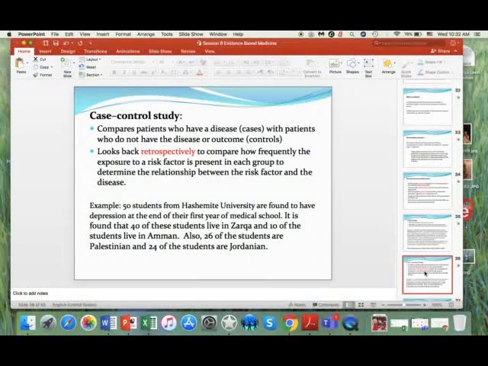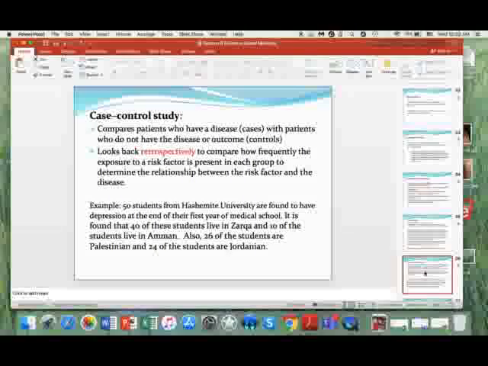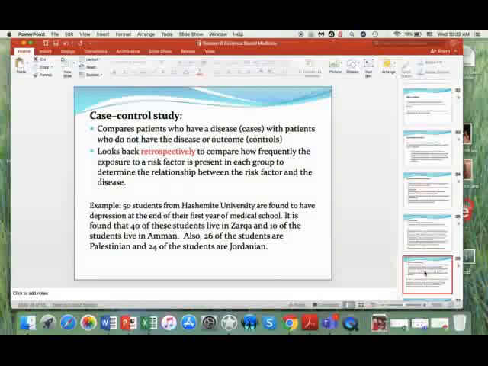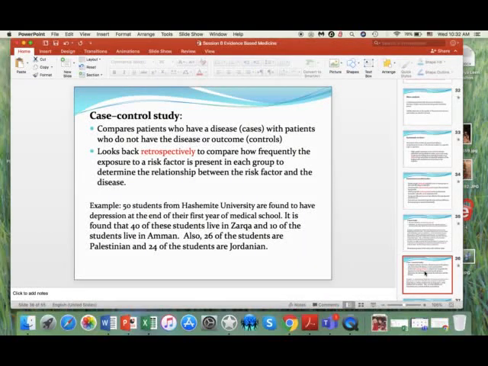So a case control study, this one we're going to compare patients that have a disease, these are the cases, with patients that don't have the disease. These are going to be called the controls. And we're going to look back retrospectively to compare how frequently the exposure to a risk factor is present in each group.